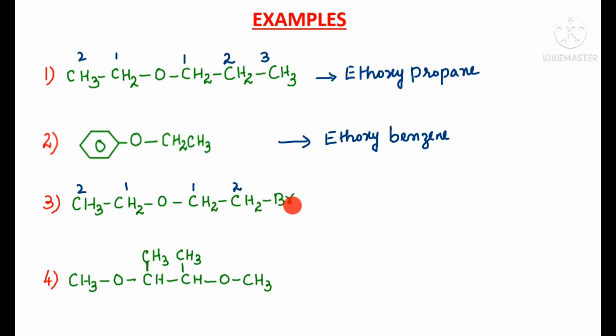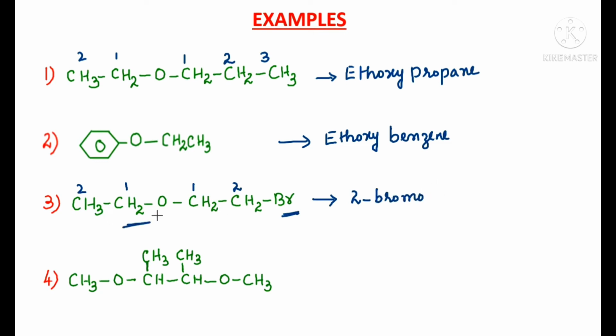We'll write the substituent first, but the position of the substitution should be given. On both the sides we are having the same number of carbon atoms, so no issues. It is ethoxy. We can consider this as the ethereal alkyl group, and the ethereal oxygen is aligned with this alkyl group. So ethoxy. Okay, how to write the name of the compound now? Give the number for the substituent first. So 2 hyphen bromo.